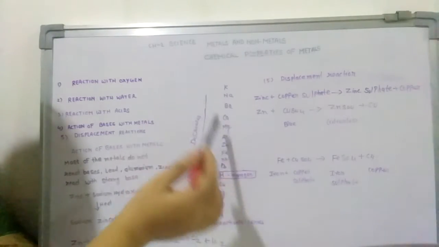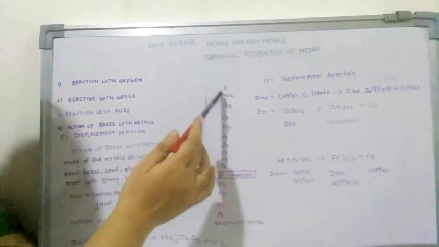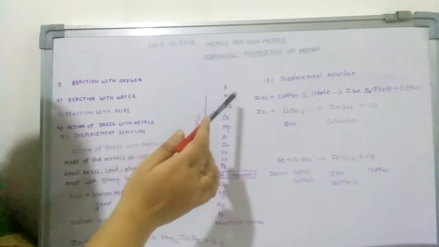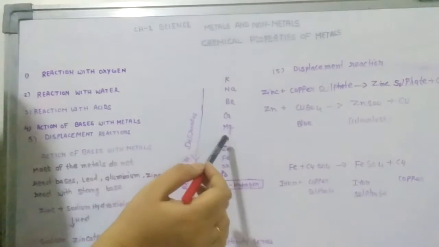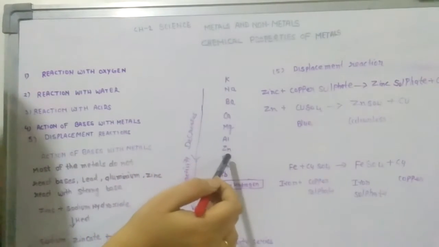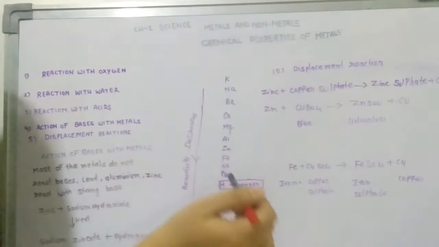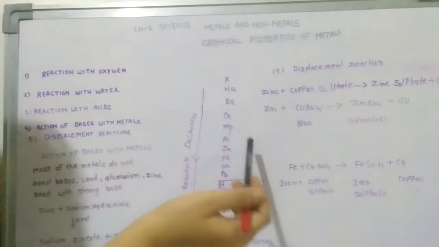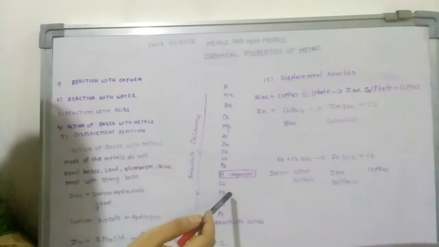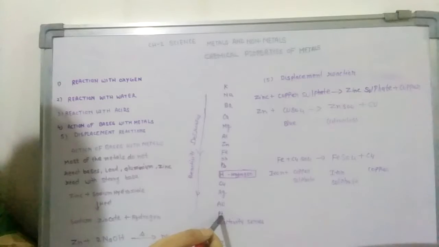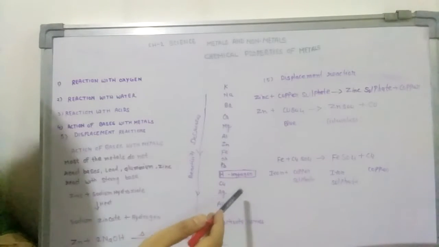In this reactivity series, these are the elements: first is potassium, then sodium, barium, calcium, magnesium, aluminium, zinc, iron, tin, lead. From potassium till lead are more reactive elements. Then below the hydrogen, copper, silver, gold, platinum are less reactive metals.